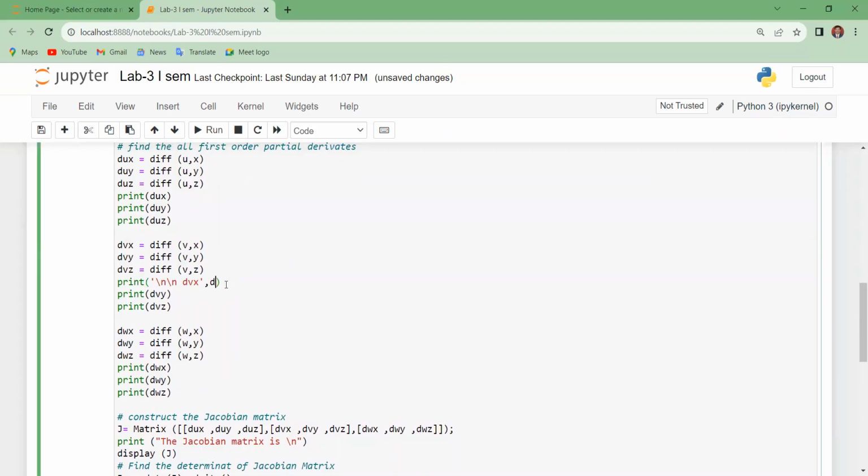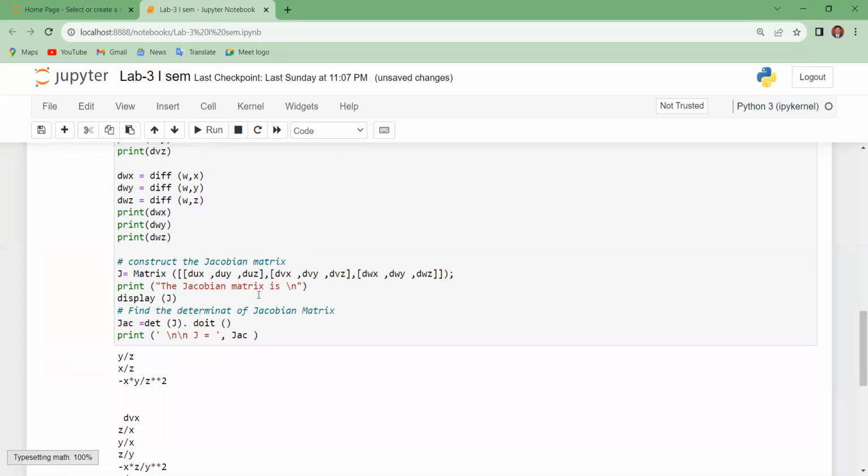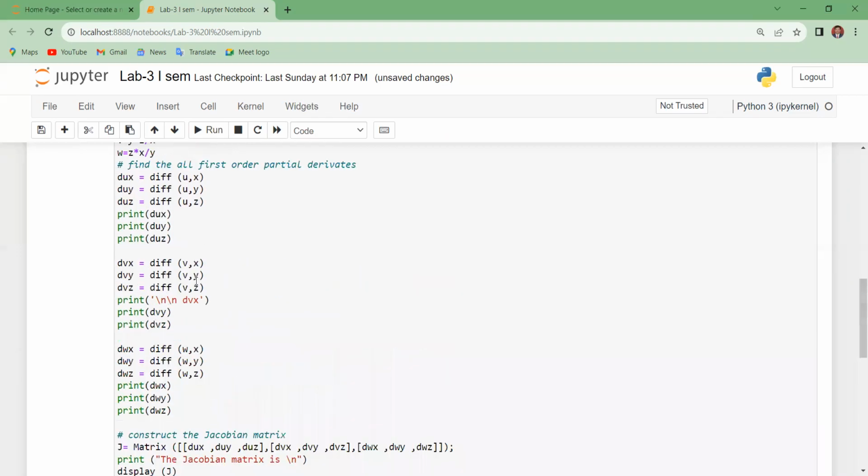If I remove this and just run this, only we get this.